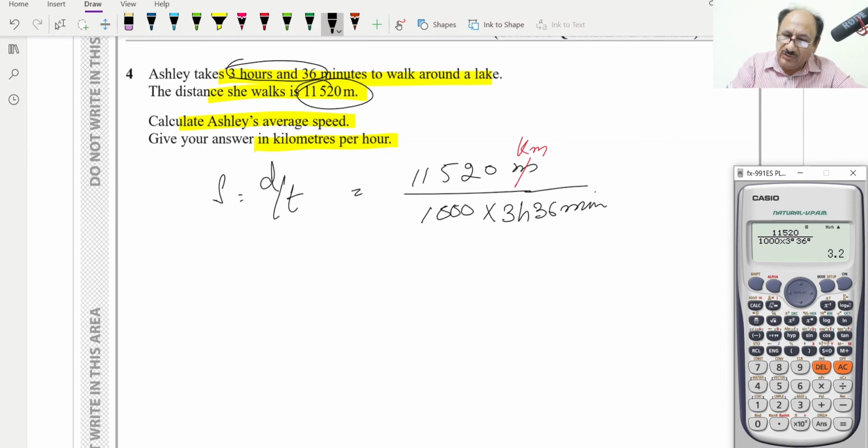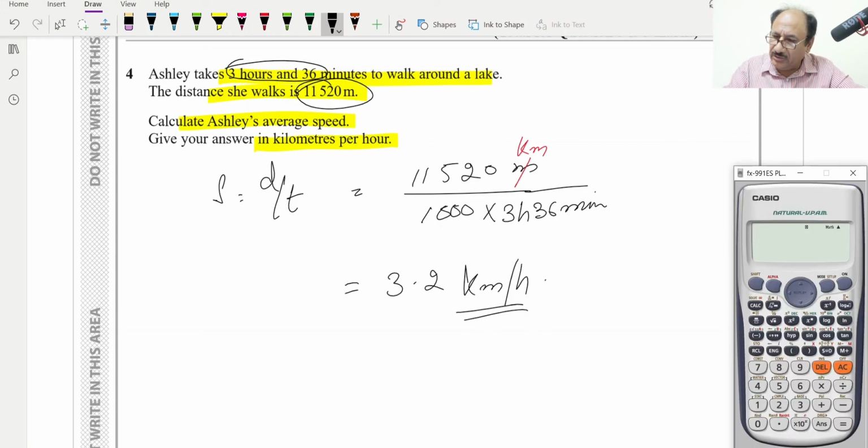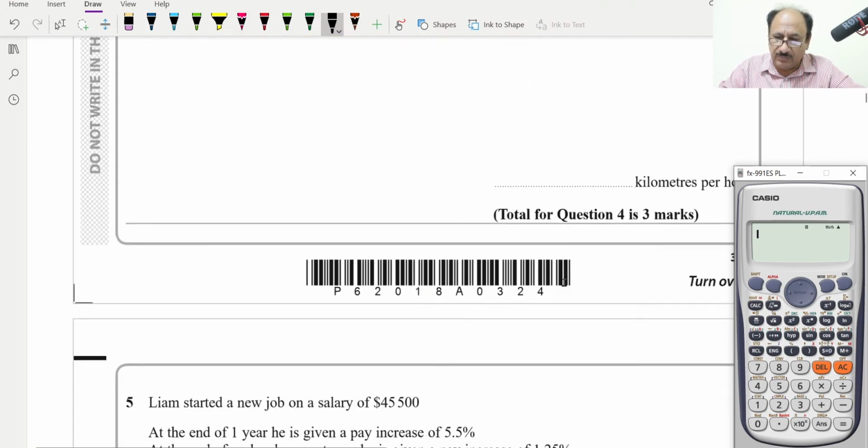So directly we can write the answer as 3.2, and this will be kilometers per hour. Or the other option is you can convert the time, 3 hours and 36 minutes, into a decimal like 3.6, and then you can use it in your calculation. You can take this route also, whatever you like, you can use the same method.